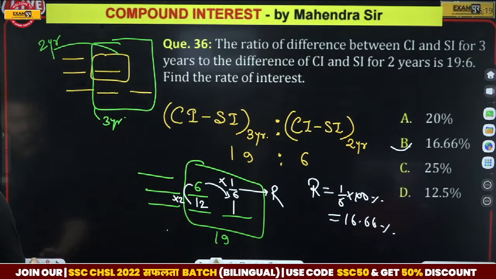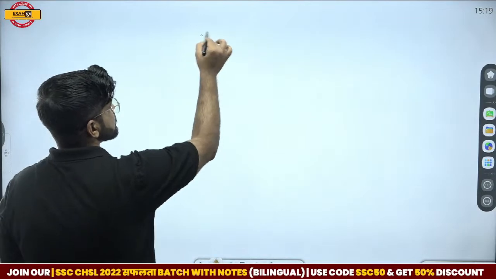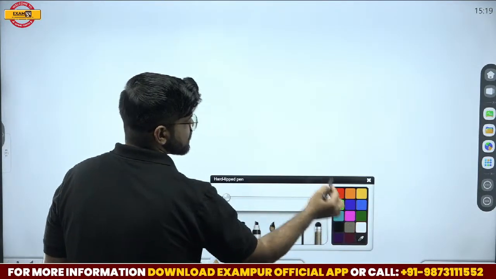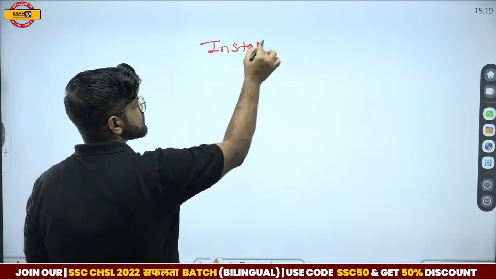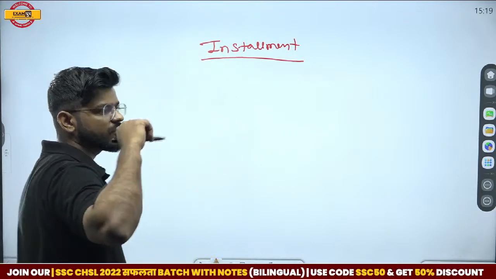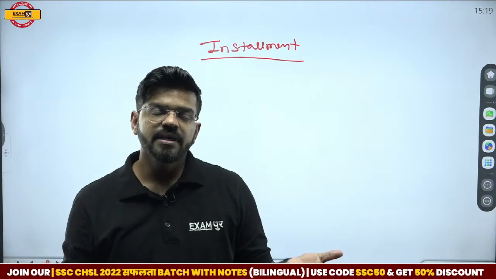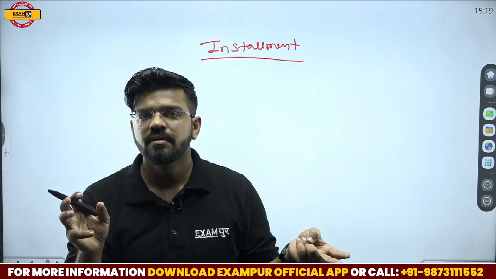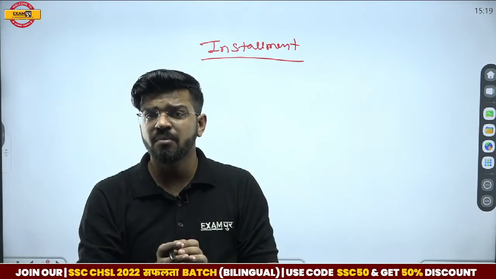Let me tell you one more thing. For installment questions in CI, what are installments? An installment consists of 2 parts, some part of principal and some part of interest. That means it is nothing but the amount.